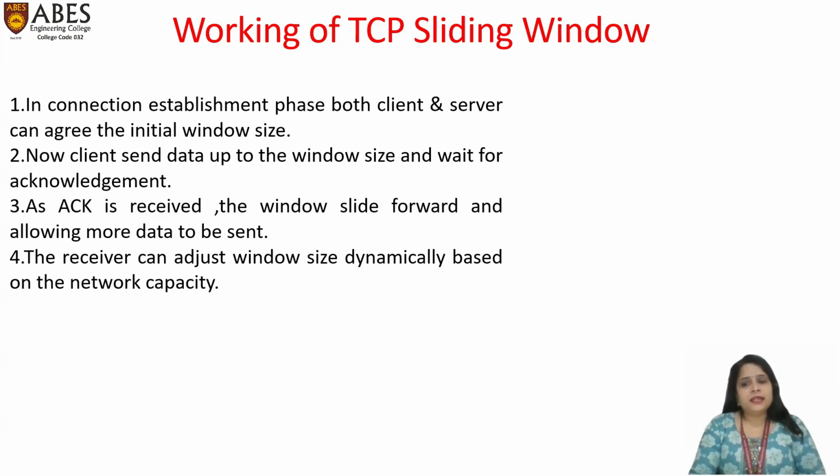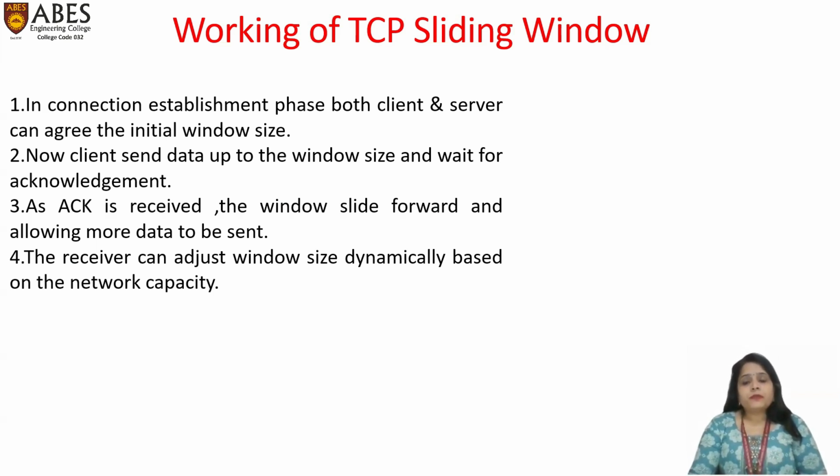When we want to send data from the client side to the server side using the TCP protocol, first we have to establish the connection between the TCP client and the TCP server. What is the meaning of connection establishment here? It means we want to reserve some resources like CPU, bandwidth, and buffer from the client side, and also from the server side.